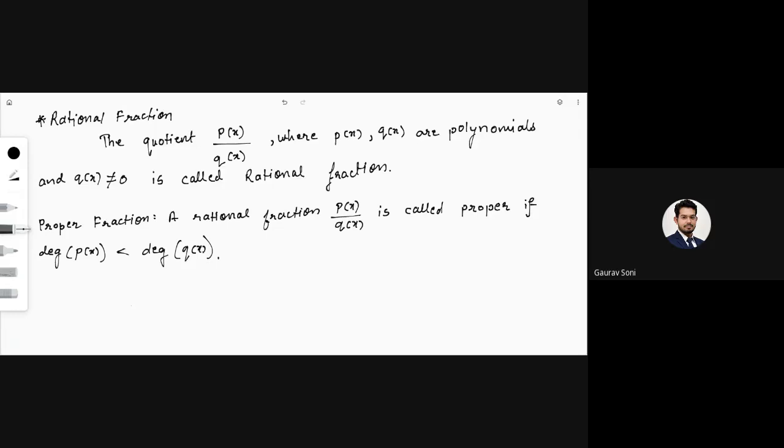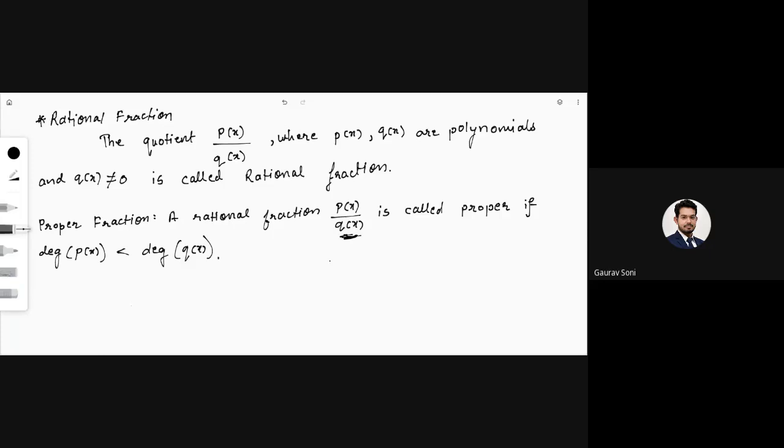So what it says is that if the degree of the numerator polynomial is lesser than the degree of the denominator polynomial, then it is proper.